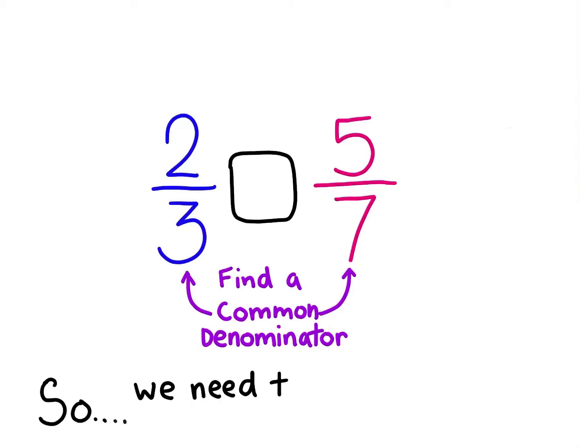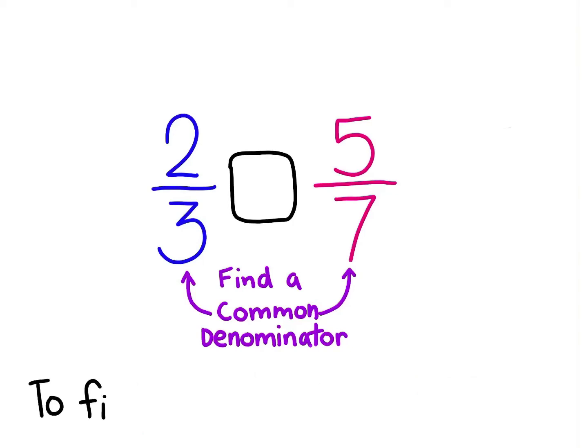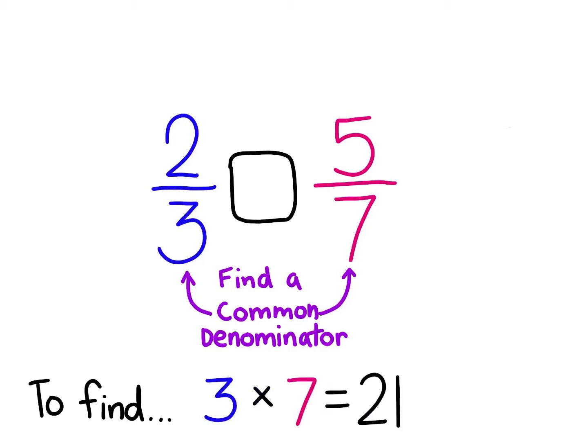So, we need to find a common multiple of 3 and 7. And we know how to do that. We're going to multiply 3 times 7, which gives us 21.